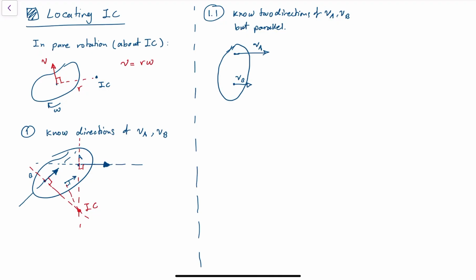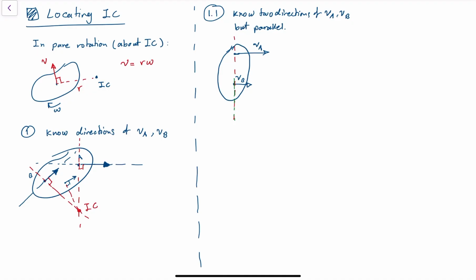So you know IC has to be along this line. You also know IC has to be along this green line. Both of them are perpendicular and parallel, so you cannot pick one point. But we said last time that instantaneous center is unique, so you should be able to find it.